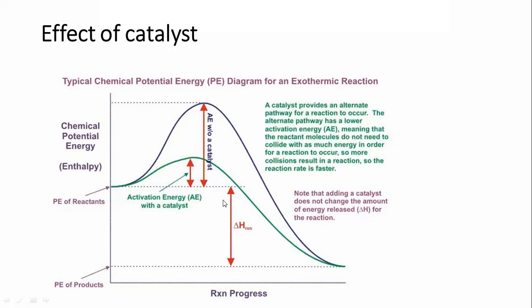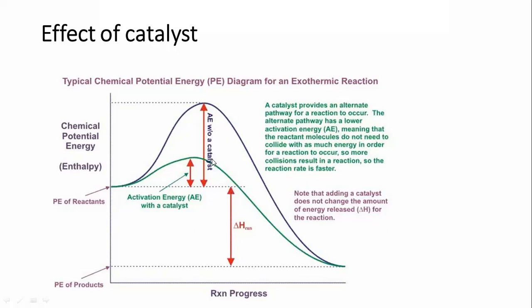The energy required or absorbed is not going to change, and you can see over here, because this is the difference of energy from the reactant to the product. So let's suppose if I mark this as without catalyst, then again it is the energy difference between the reactant and the product. This is the same.